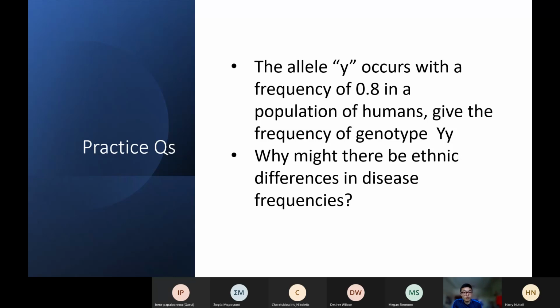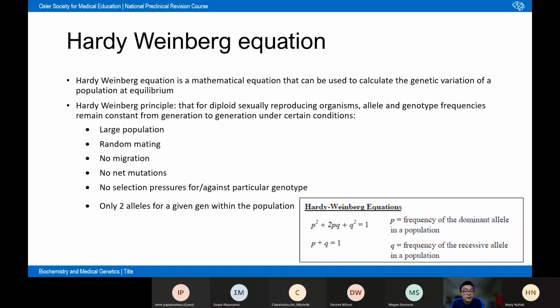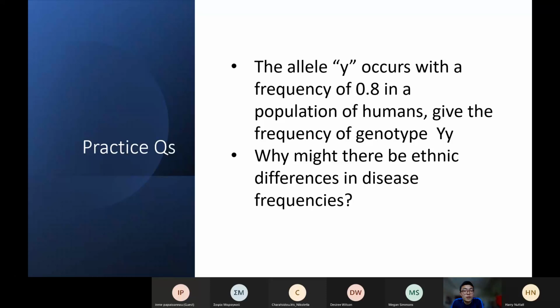Okay, so we'll just talk through it briefly. Apologies, I would have perhaps used a whiteboard function, but I don't think I'm able to do that right now. If we label the recessive allele y as q, and the capital Y as p, the dominant allele, then we can form the equation: q is 0.8, plus p equals 1.